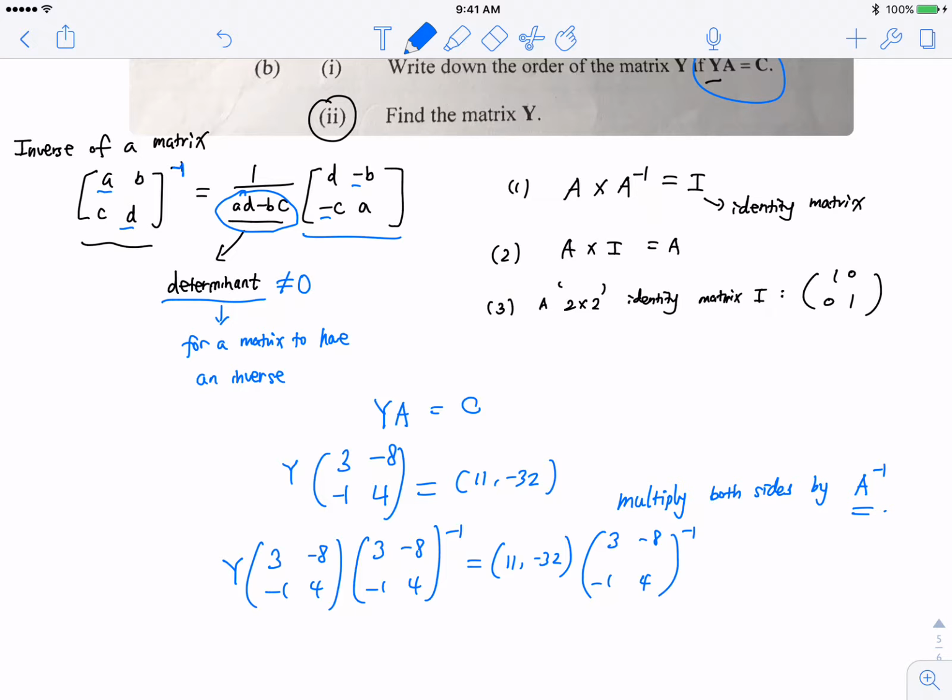After that, we have to go through a few matrix multiplication rules here. The first rule is we have to understand the product of a matrix and an inverse matrix is the identity matrix. So here we will get the identity matrix. A 2 by 2 identity matrix is given as follows. I will copy the rest.